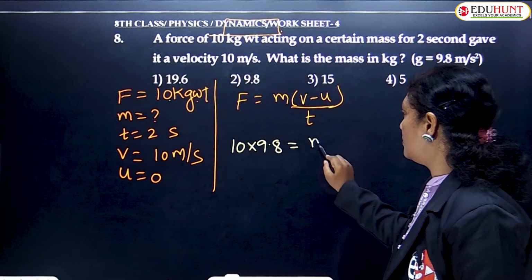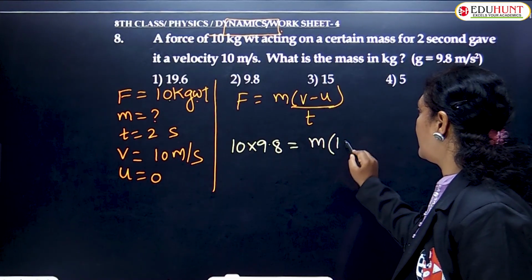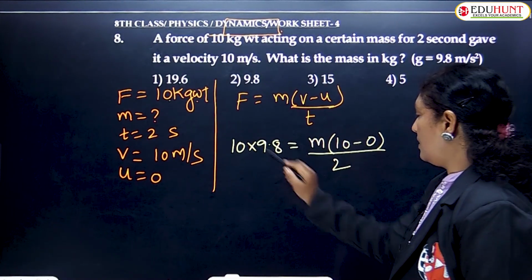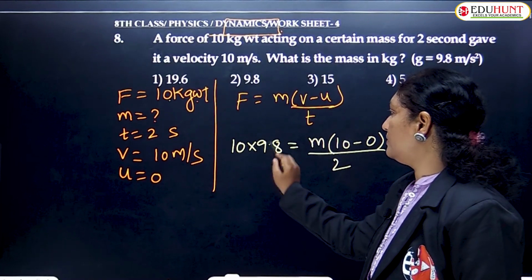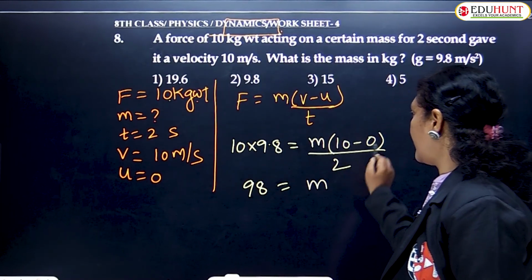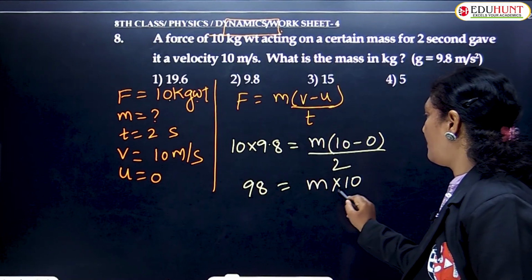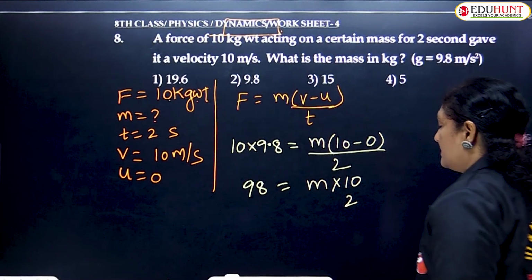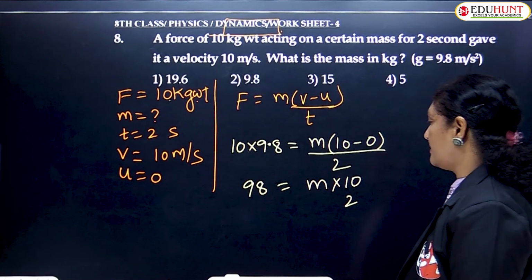Mass how much? Unknown. V how much? 10. U 0. Time is 2 seconds. Okay. So 9.8 into 10 is how much? 98 equals M into (10 minus 0, that is 10) upon 2. So bring this 2 to the other side, or you can divide this 10 by 2.